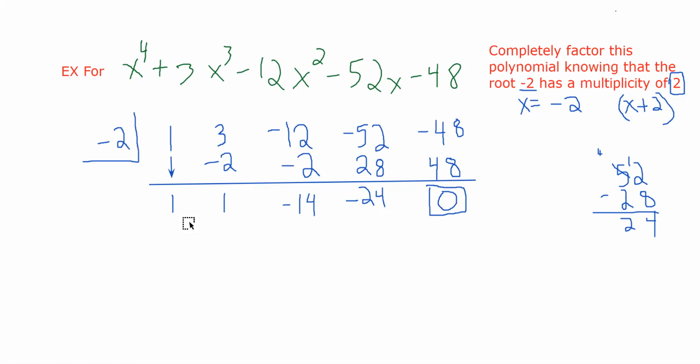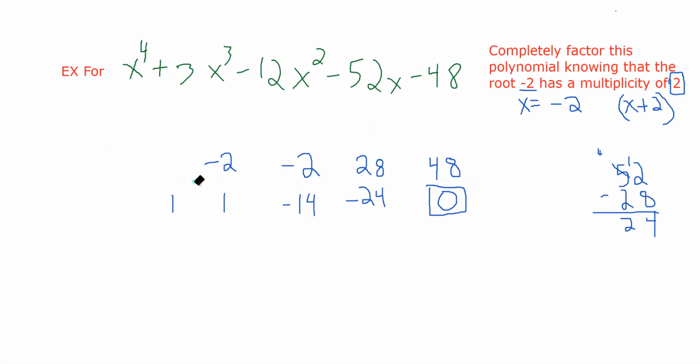So now we have a polynomial. It's going to be a third degree polynomial with these coefficients that is left over. Because we just did the synthetic division, all we need now are these leftovers. And what that says is that this fourth degree polynomial can be written as this.